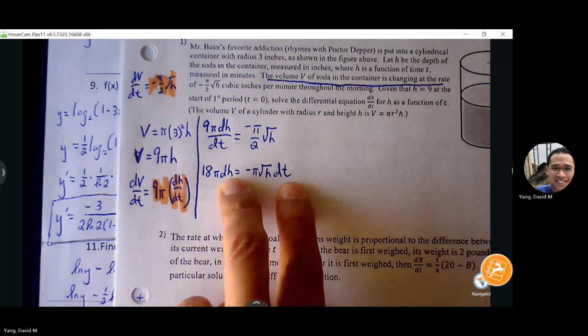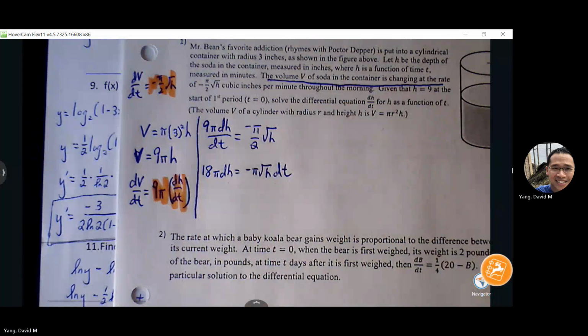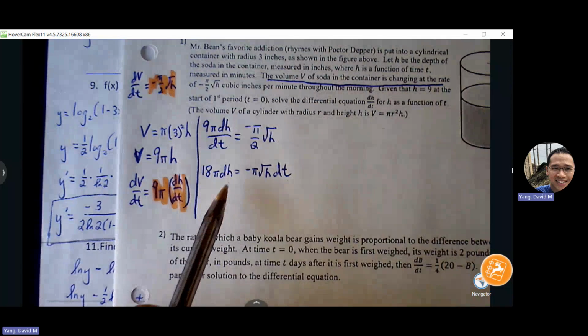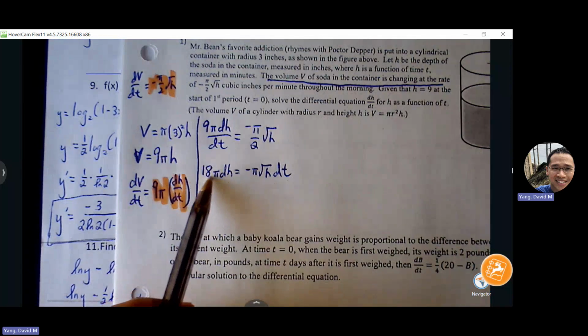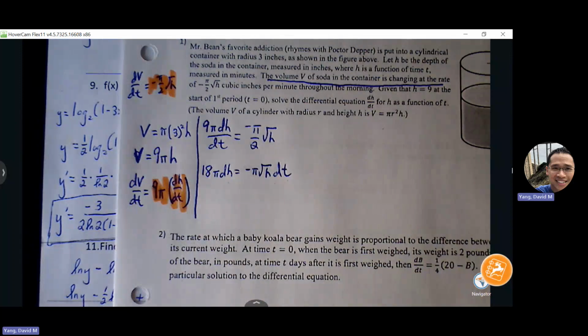So we have at least our initial lined up, but what is still out of place? The h on the right. The h, yeah. And how can we move that h? Divide it, yeah. And then the 18π, it's not wrong to have 18π on the left side, but we talked about how on our left side we just want to keep it as minimal as possible, because eventually all you want is to solve for h, and if you put things on the left, one way or another, it has to come to the right towards the end.